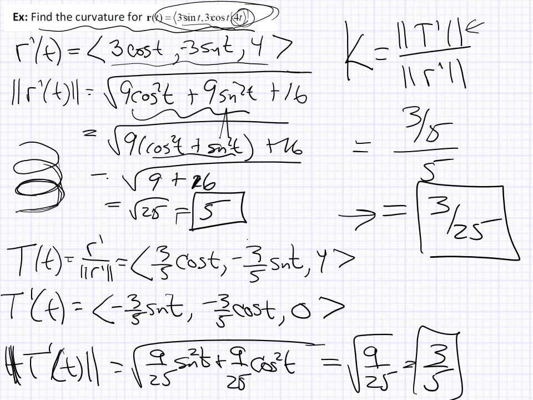If this was, say, not a 4t, let's say that was a t squared. Well, what would happen is that this gap in between the curves this way, the amount it's rising along the z-axis, would be rising at a quadratic rate instead of a linear rate, and so this distance here would get bigger and bigger and bigger as I went up. So it would look more maybe like this, and then like this, and then like this.